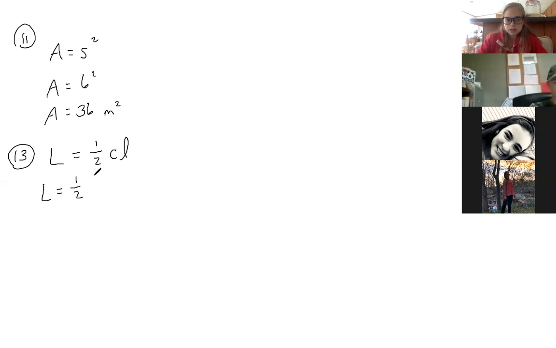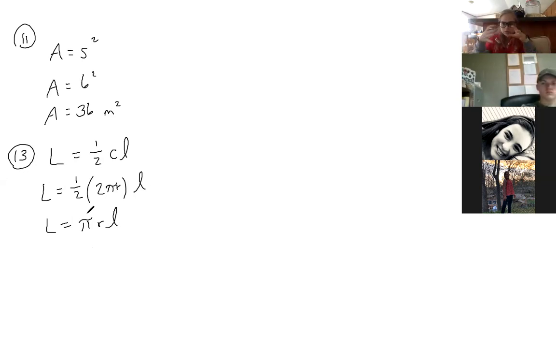So 1/2 times the circumference is 2 pi r times L. Well, 1/2 times 2 is 1, so that's pi RL is the lateral surface area. So the rounded part on the side of your snow cone, this is the area we're looking for. That's the lateral surface area.